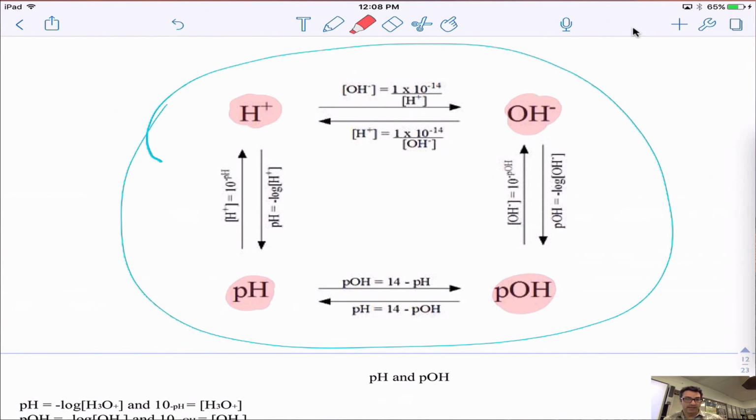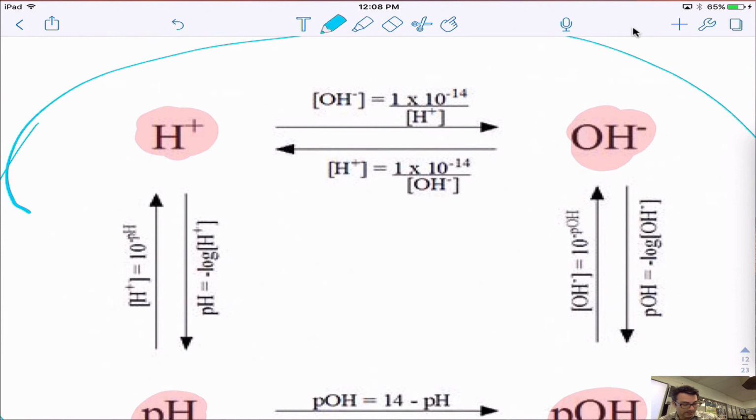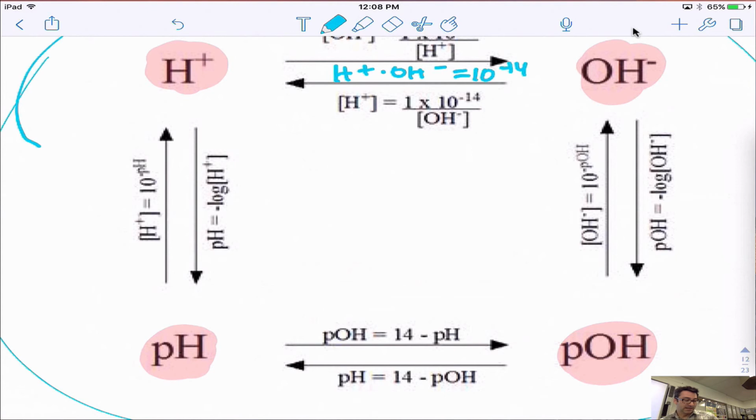For example, H plus and OH minus relate to each other because H plus times OH minus equals 10 to the negative 14th. And now I could solve for OH minus or solve for H plus as I show you in the diagram. If I know H plus, I can take the negative log of it and find the pH. If I know the pH, I can do 10 to the negative pH, the antilog, and find H plus.